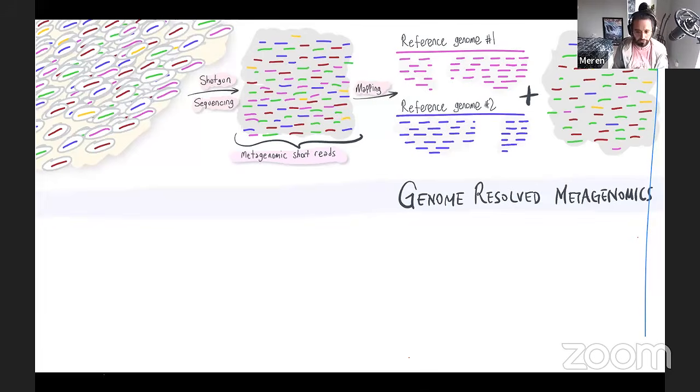Even if we had cultured representatives for every single organism out there, this is not going to be enough to characterize environmental populations. We will still want to understand gene-level patterns, evolutionary processes that are acting upon different parts of this genome across different environments as a function of environmental change. So I'm not saying this is not a viable strategy.